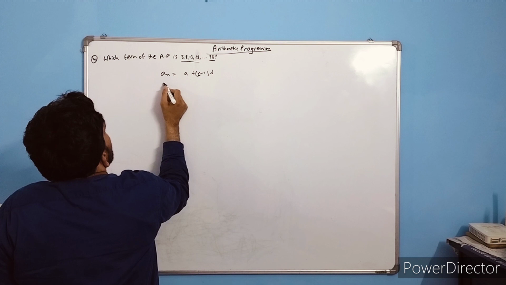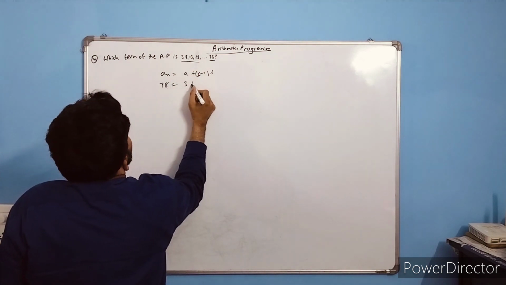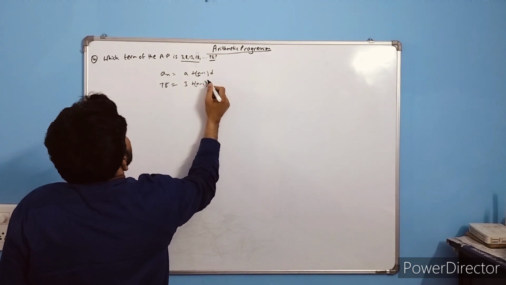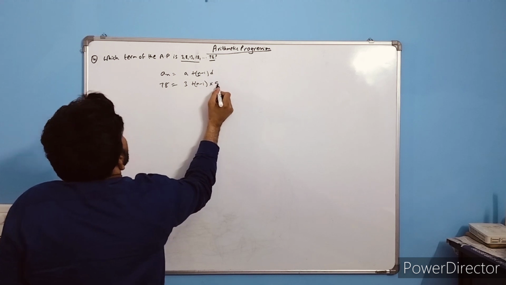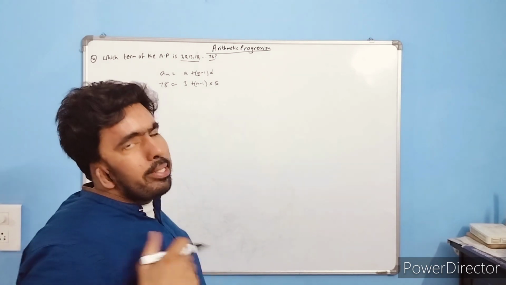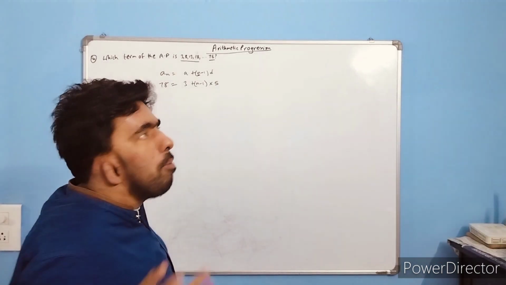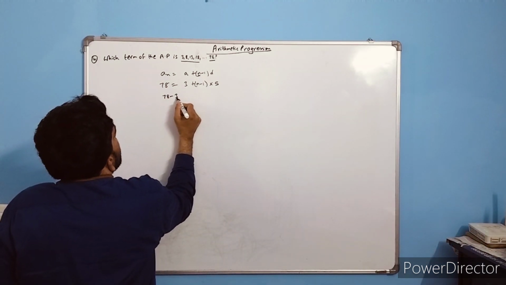We have an, that is 78. a is 3, n we need to find, and d is 5. We all know to find the common difference, we take the second minus first term, third minus second term, fourth minus third term, like this. So now we need to find n.